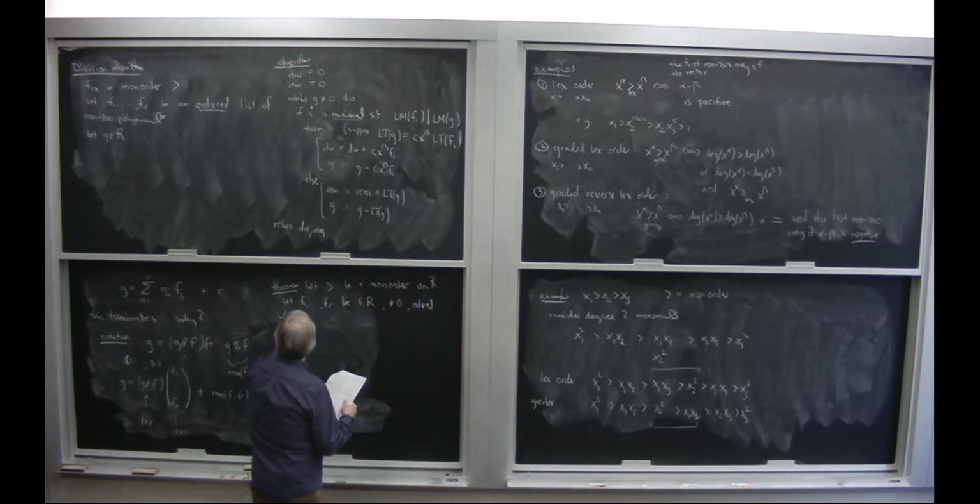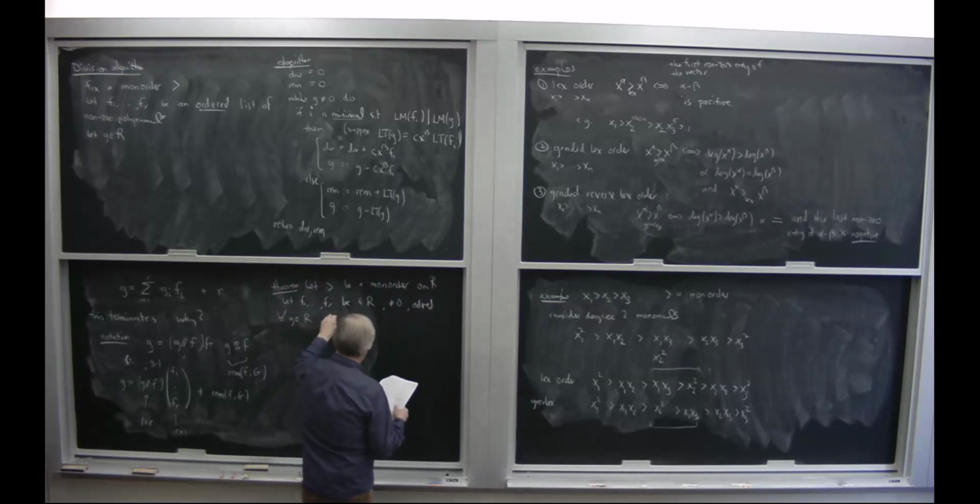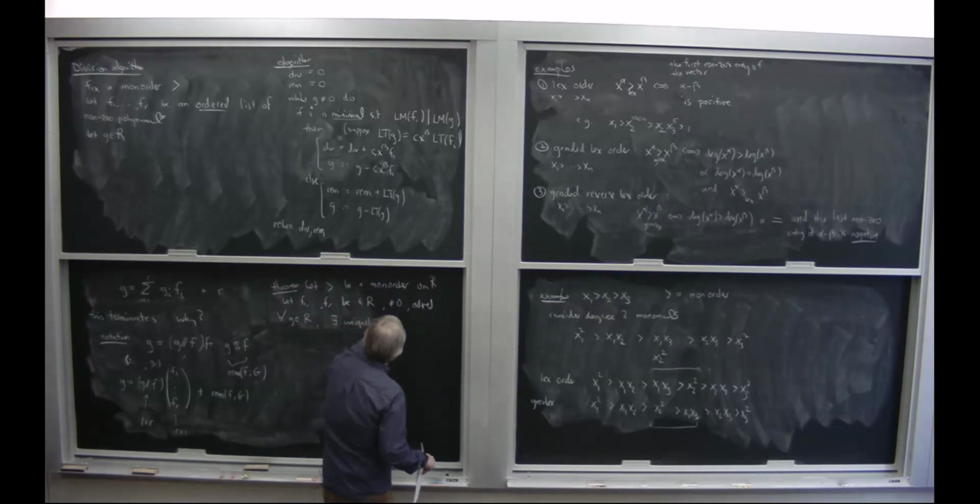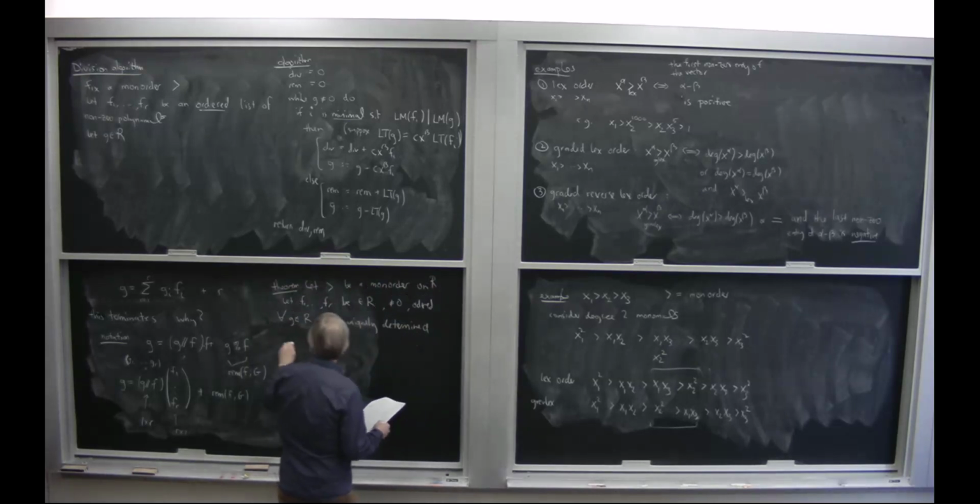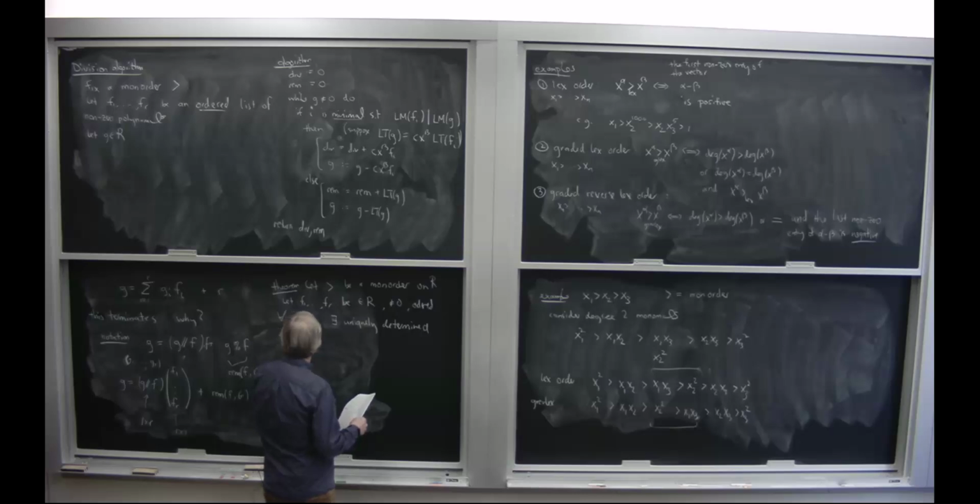And then for every G in R, there exist uniquely determined G1 up to GR in R.